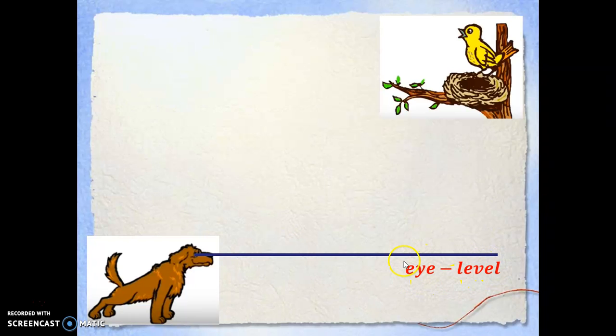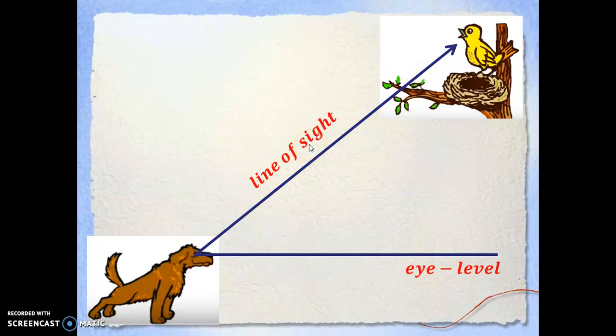This is the eye level or the horizontal line. And we also have the dog looking at the bird. So this is the line of sight. Now, the angle formed between his eye level and his line of sight is what we call the angle of elevation.